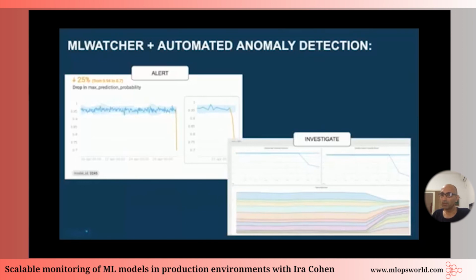What was the driving force behind building MLwatcher at Anodot? Was it solving an internal use case you had? Okay, so actually no. Our driving force was, we've been monitoring our models in production from practically day one, even from our alpha.